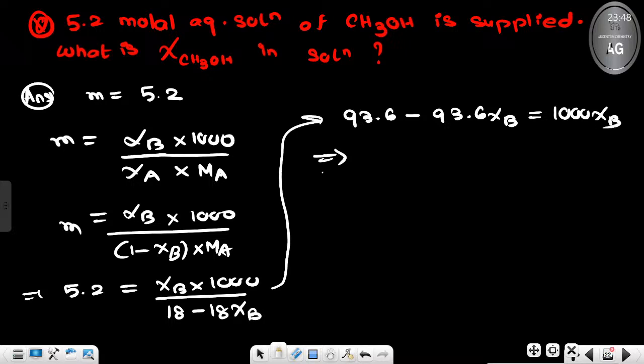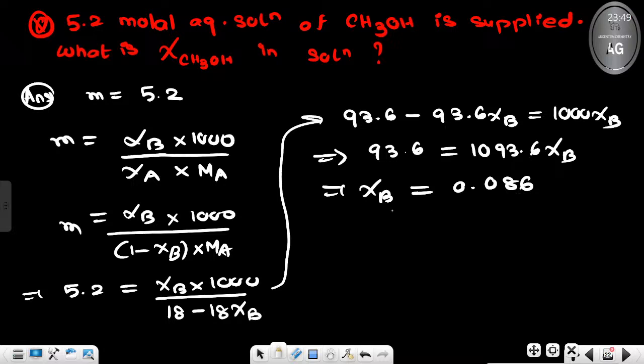So it's going to be 1000 plus 93.6, it will be 1093.6, right? So 93.6 equal to 1093.6 psi b. So from here can I write psi b equals 93.6 divided by 1093.6, which is going to be 0.086.